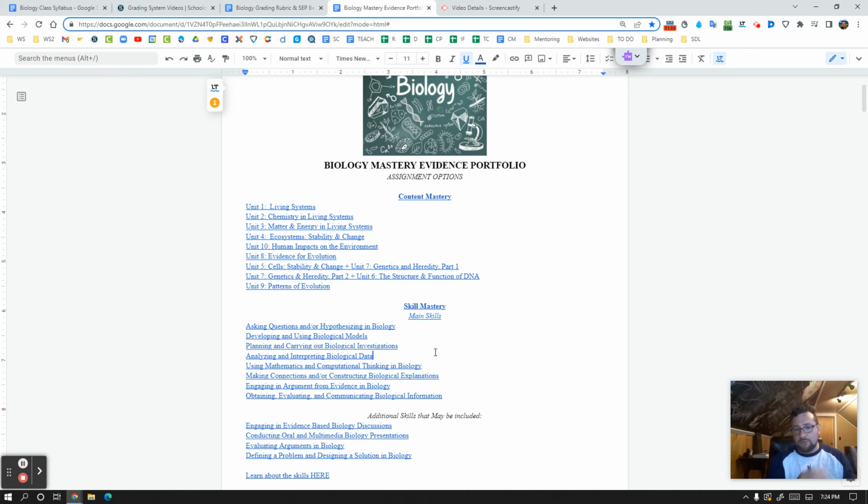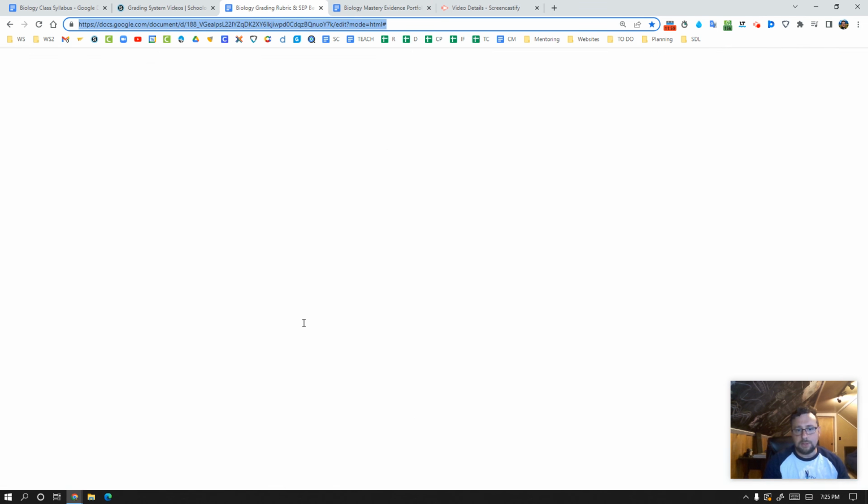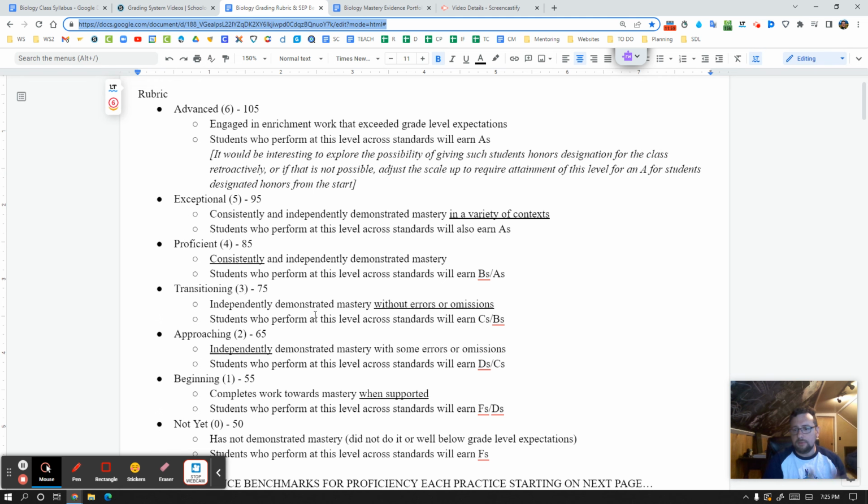If he has 3 for asking questions, 4 for using biological models, 3 for planning and carrying out investigations, 3 for analyzing and interpreting biological data, it looks like their most common grade is a 3. And if you actually do the average, it's going to be close to 3 also. So 3 was going to be the level that they hit in the rubric, right? Which is, if you remember the scale that we use, equivalent to a C, right?